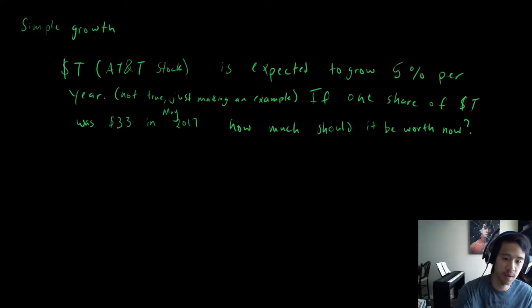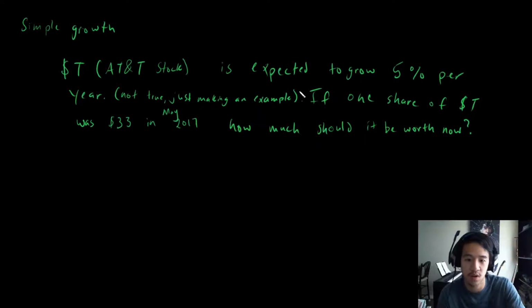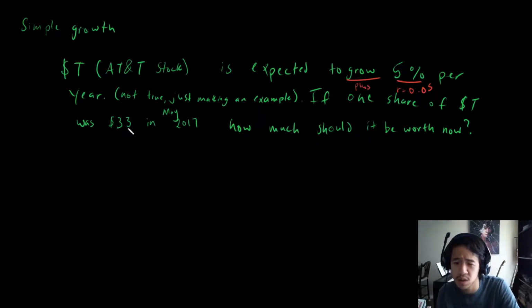How much should it be worth right now? So let's go ahead and read this in math terms. We have grow, so this is going to be plus. 5% is our rate, so the rate is 0.05 per year.